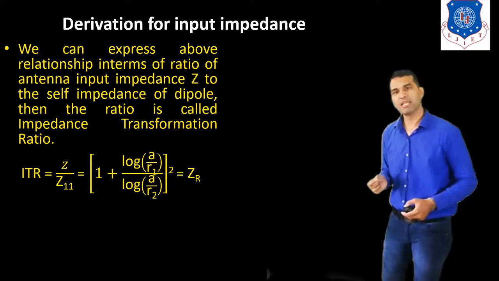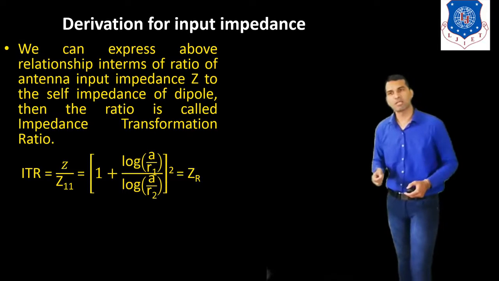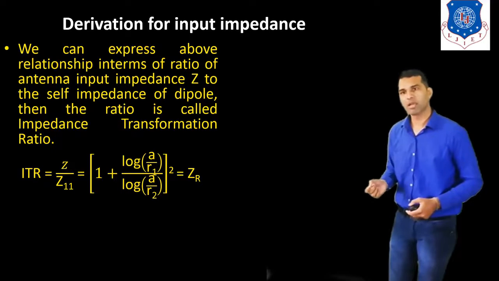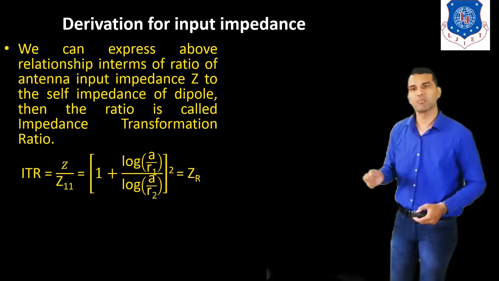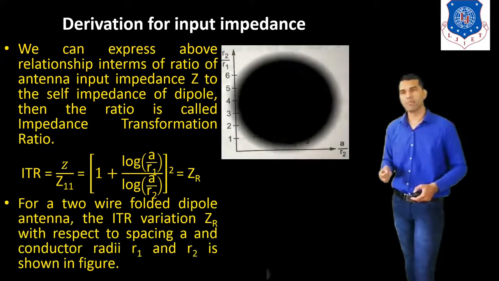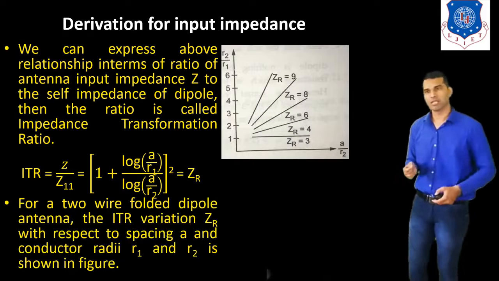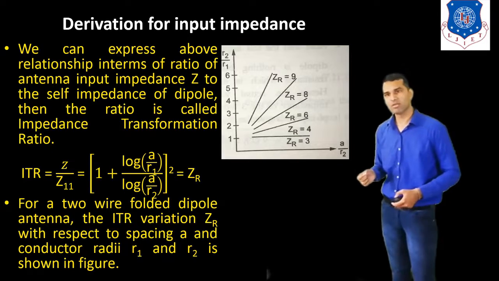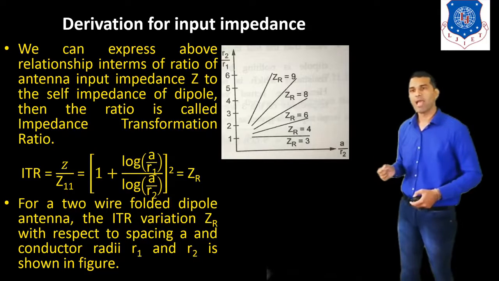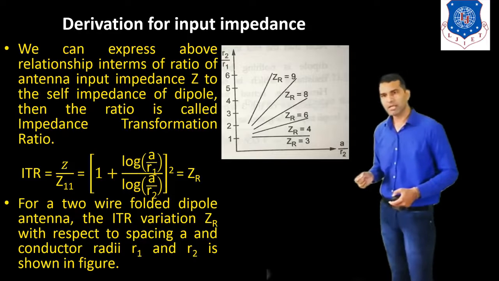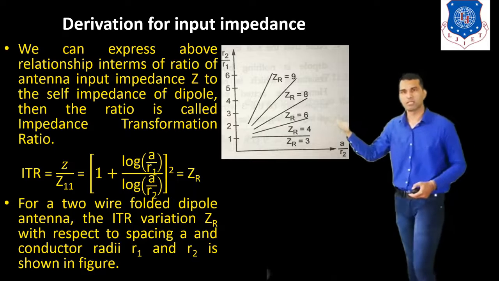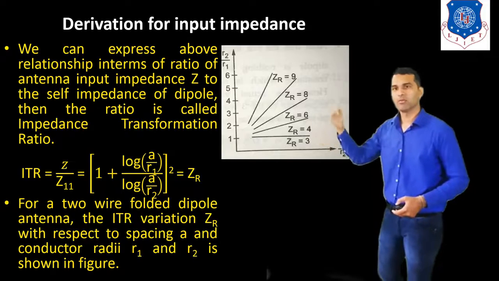So we get the impedance transformation ratio equal to (1 plus log A upon R1 upon log A upon R2) square, which is nothing but what we can write as ZR. And for the 2-wire folded dipole antenna, the variation of ZR with respect to spacing A and conductor radii R1 and R2 is shown in this figure. So we can see the different values of ZR for R1 and R2.